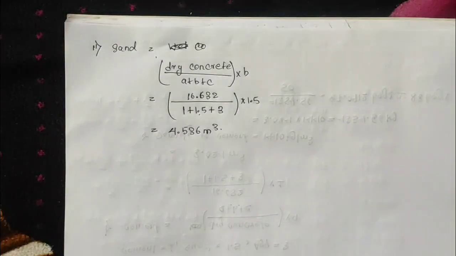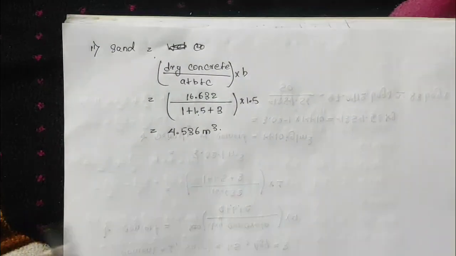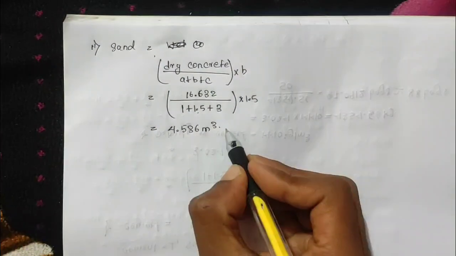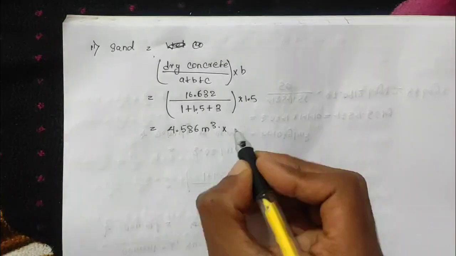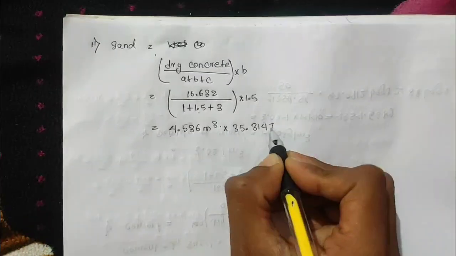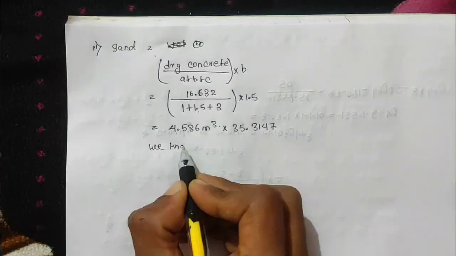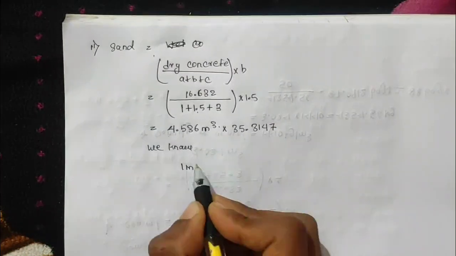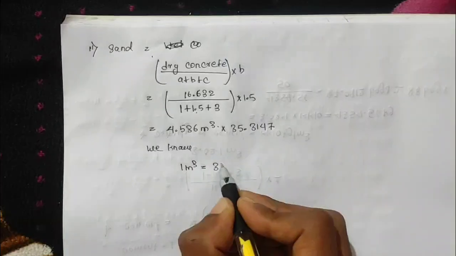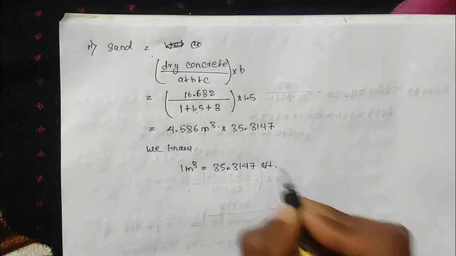As we know, in the market sand comes in CFT, cubic feet. So we have to convert this meter cube into cubic feet. We know 1 meter cube is equal to 35.3147 CFT.